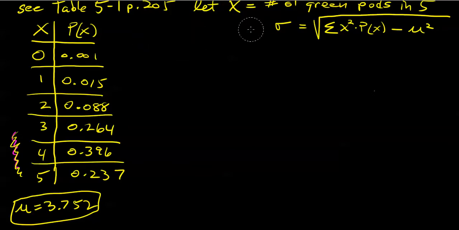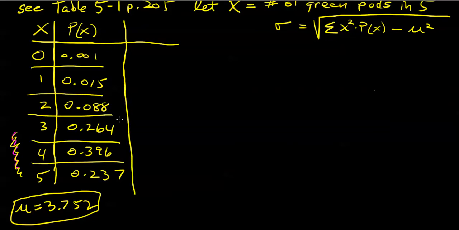I'm going to make a third column here, and I'm going to call it the x squared times p of x column.